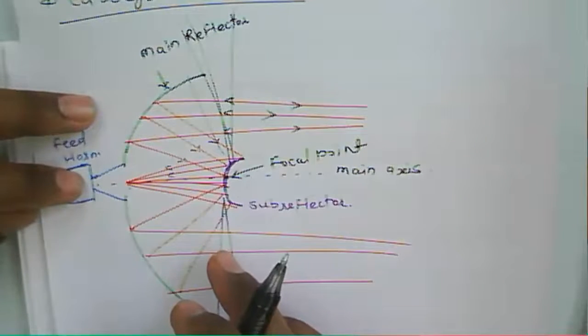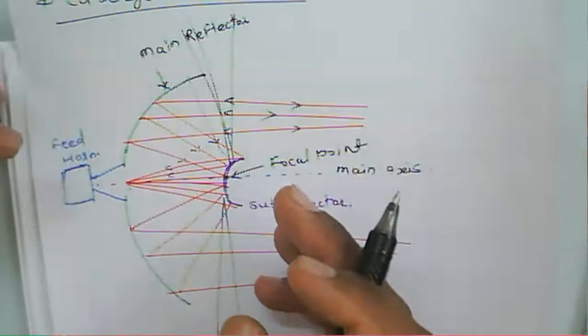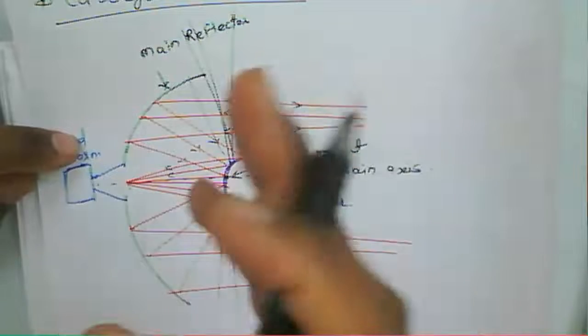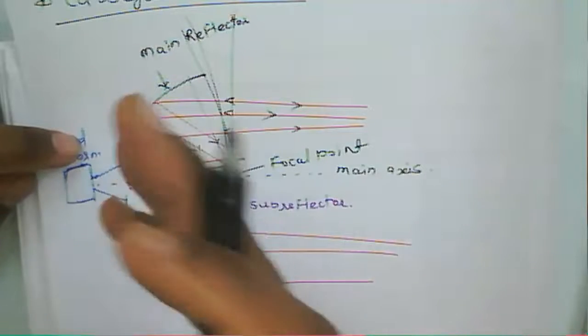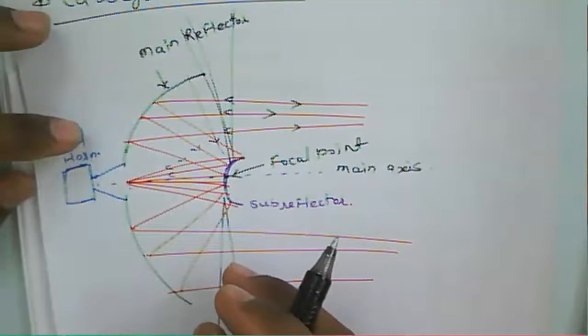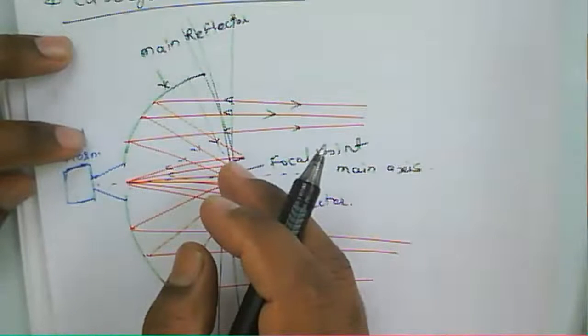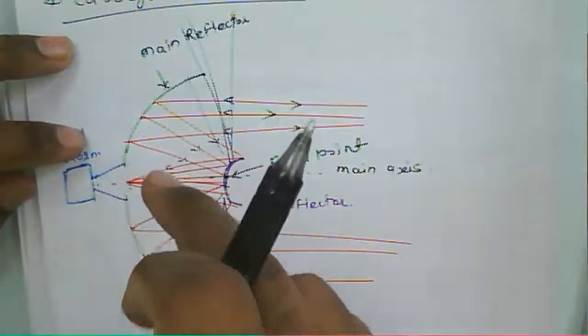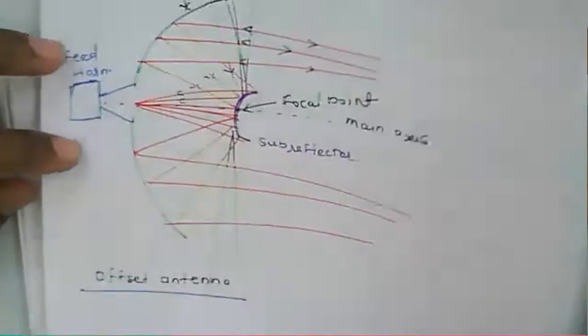Now in that case, we can consider another method for removing that particular blockage, and that blockage is to be reduced by using the off-axis antenna or offset antenna.